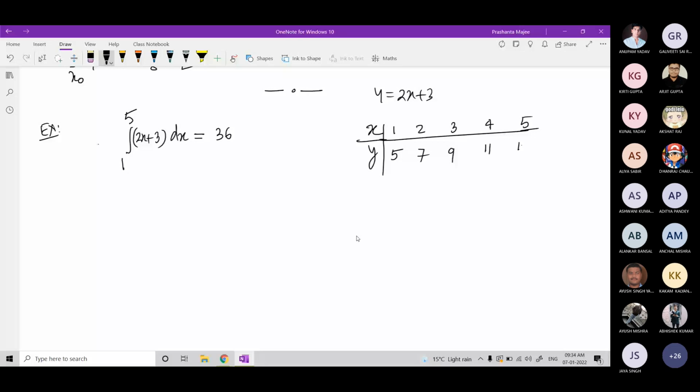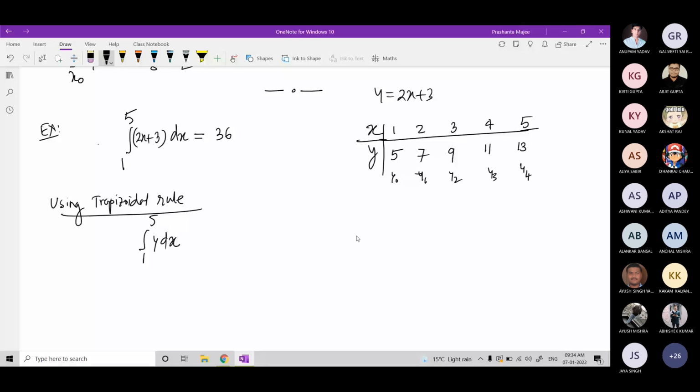So using the trapezoidal rule, what is the answer? Integration 1 to 5 of y dx. Suppose this is y0, this is y1, y2, y3, y4.